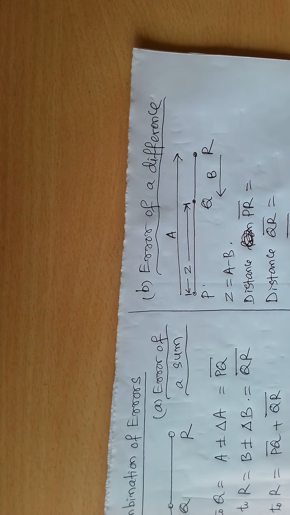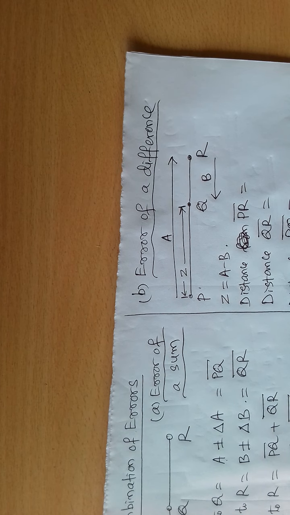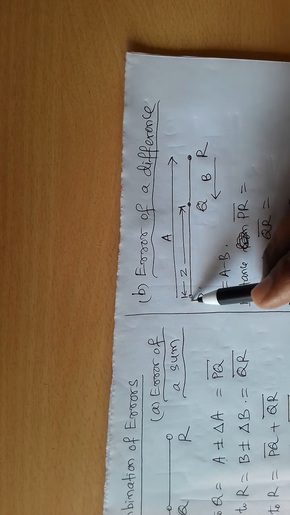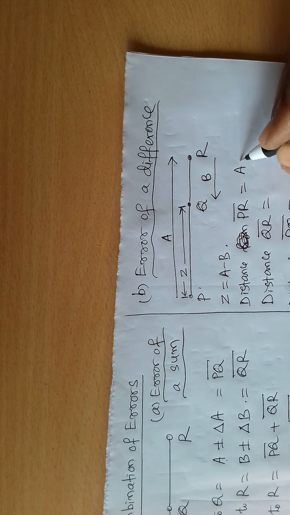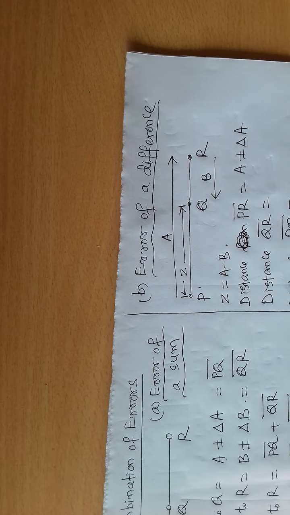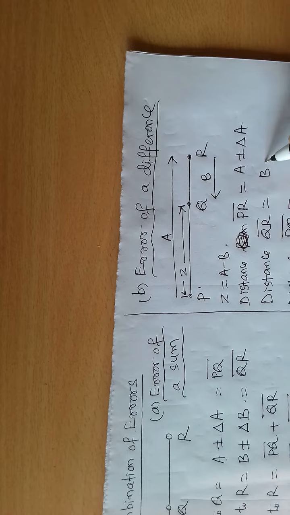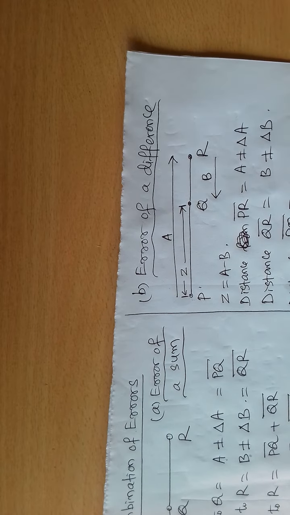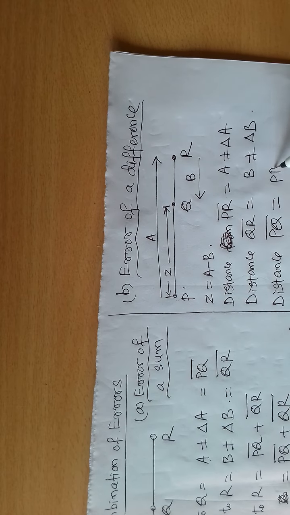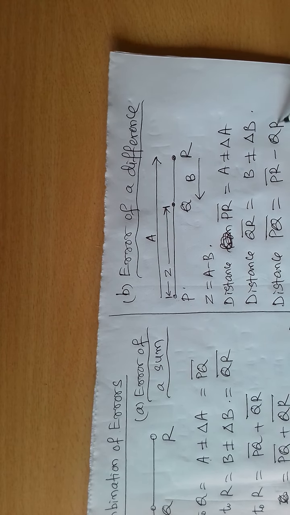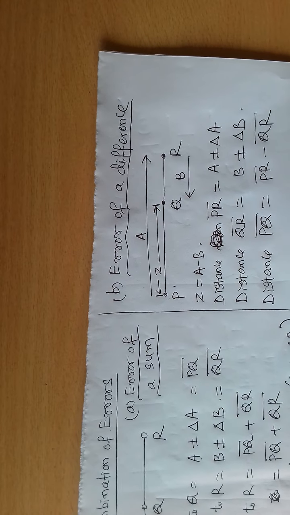Now, how do we express the distance? The distance from P to R is expressed as A plus or minus delta A. And the distance from R to Q is represented as B plus or minus delta B. If you want the distance between P and Q, then you write PQ is equal to PR minus QR.